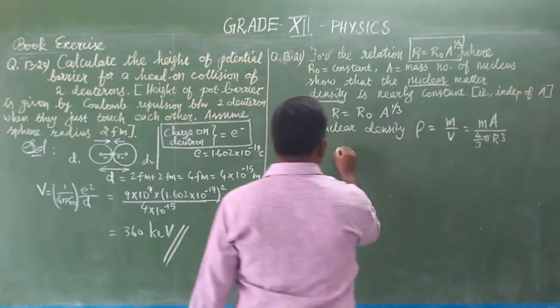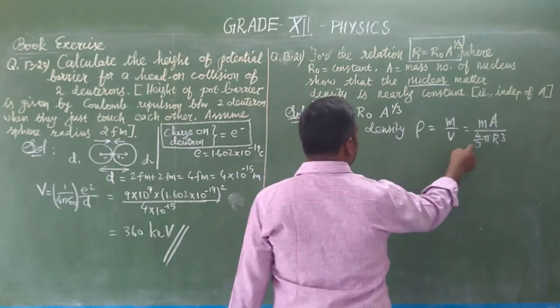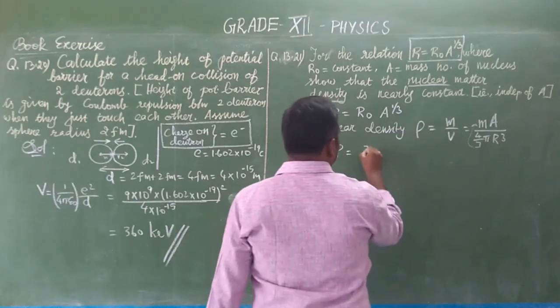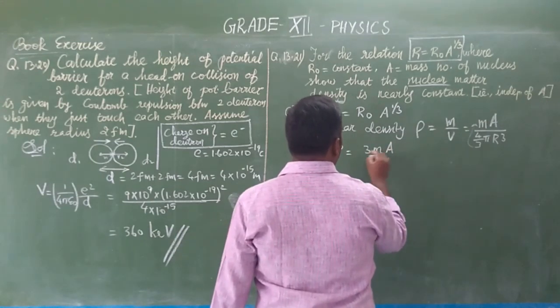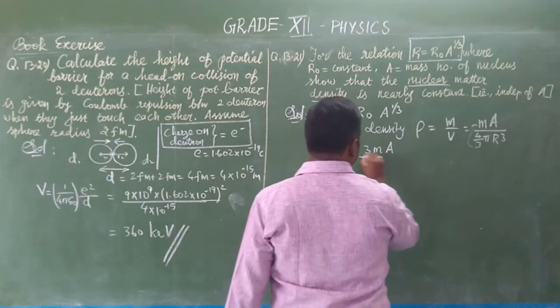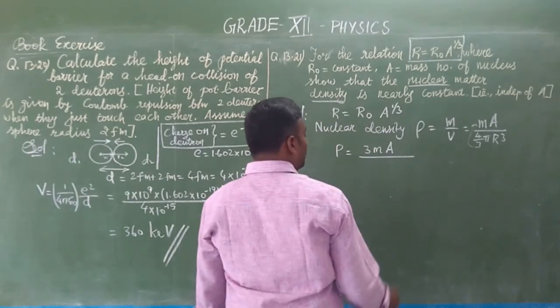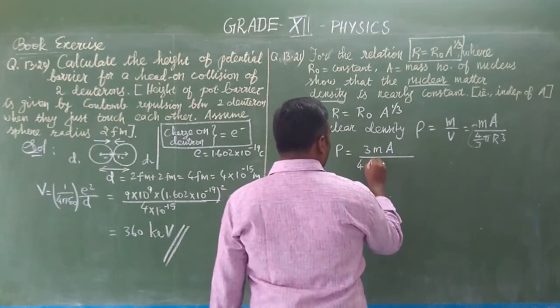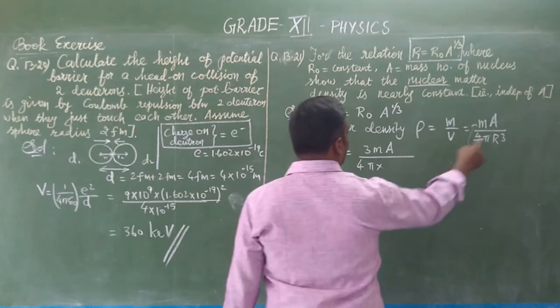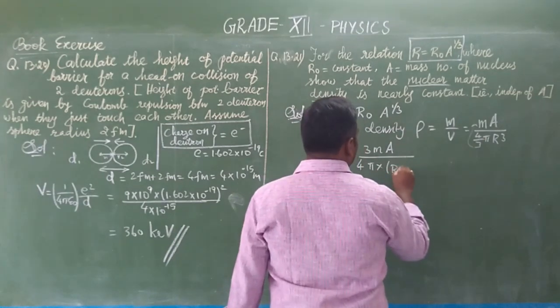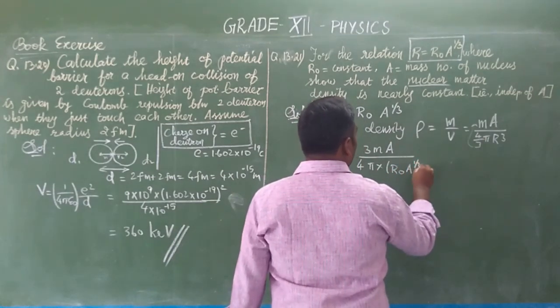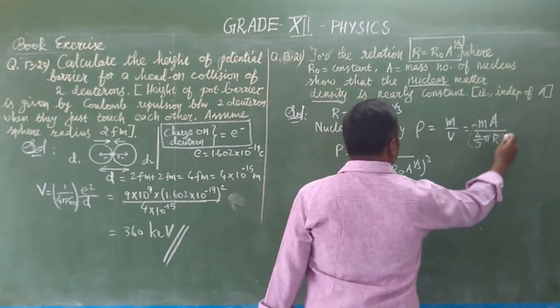Therefore nuclear density rho is equal to, the 3 goes here, 3 into mass of the nucleus into the mass number divided by 4 pi, and we can substitute the value, that is R naught into A power 1 by 3 the whole cube.